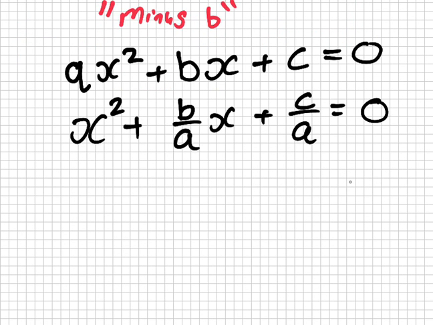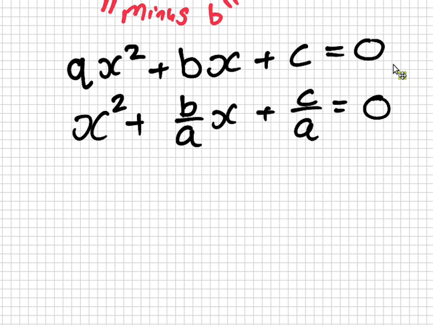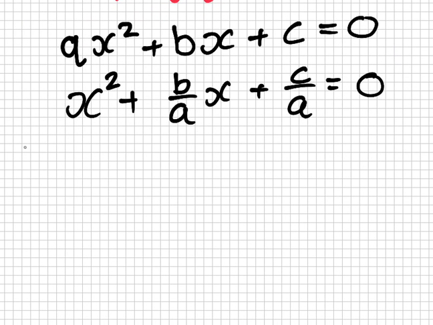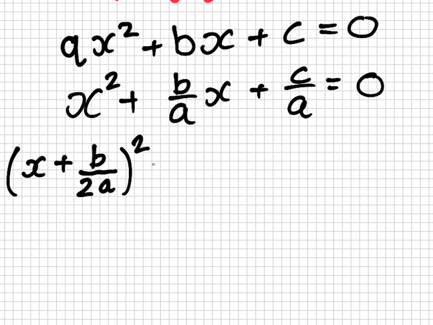Now let's complete the square. So you recall for completing the square, it's half of this number, so that would actually be b over 2a squared. And then what do I put at the back? I put this number minus the square of this number.